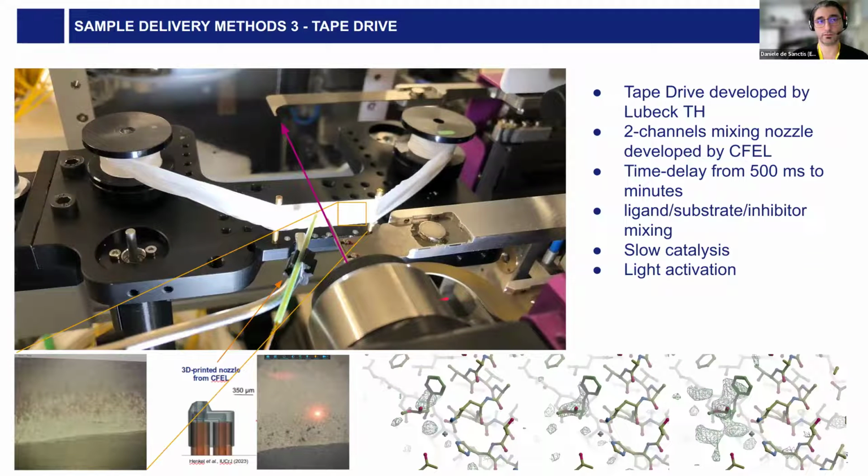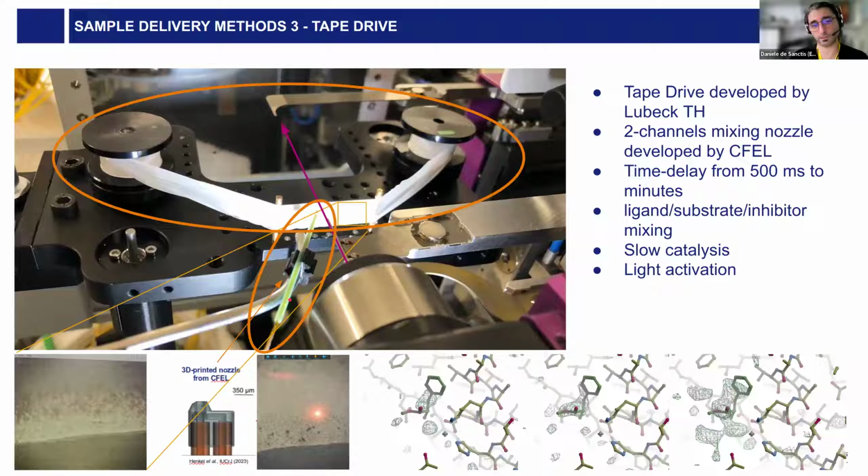The other sample delivery method that we use is the tape drive system that has been developed by the Lübeck Technical University. In this case, you have this conveyor belt where the crystals are dispensed using this 3D printed mixing nozzle that we had developed from CFEL.